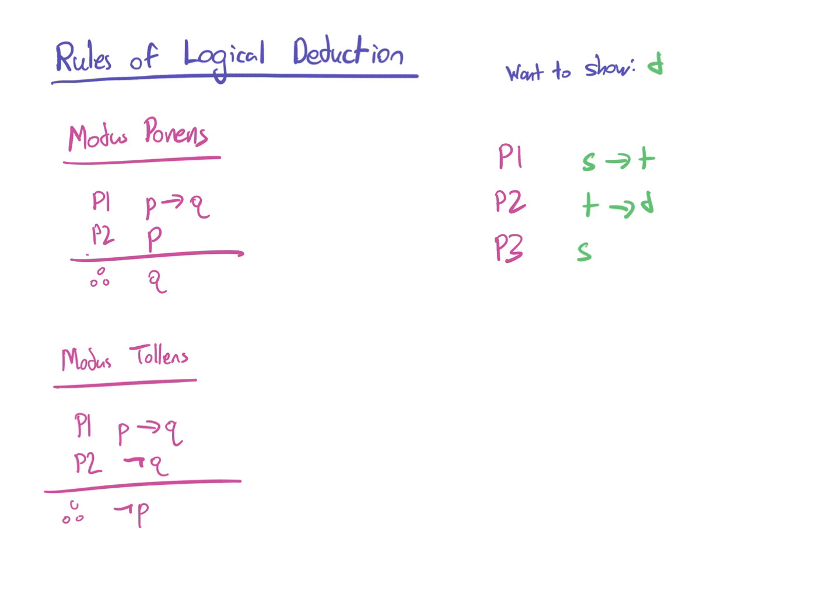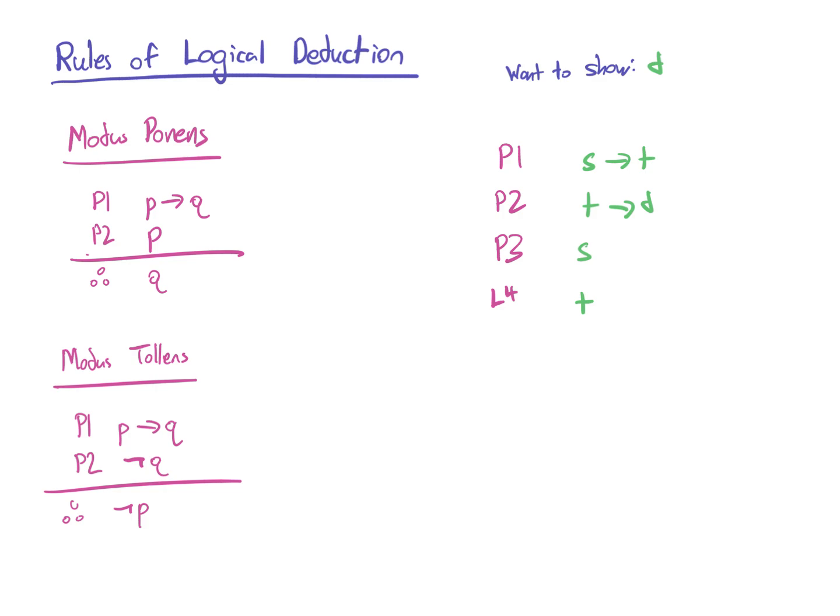I see that I have S implies T in premise 1, and I see that I have S in premise 3. And so modus ponens says, hey, I have the antecedent of the conditional, so I can infer the consequent. I can infer T. So my next line can be T. I'm going to call this line 4.